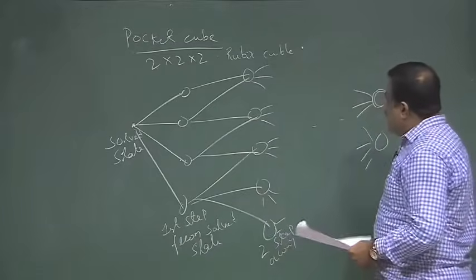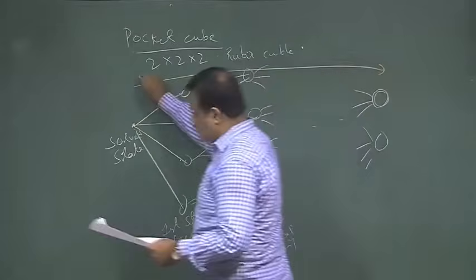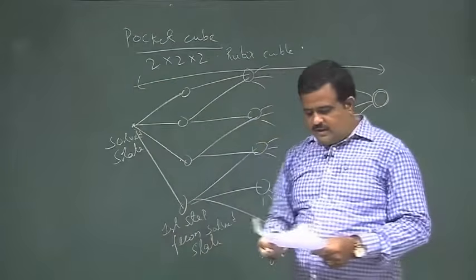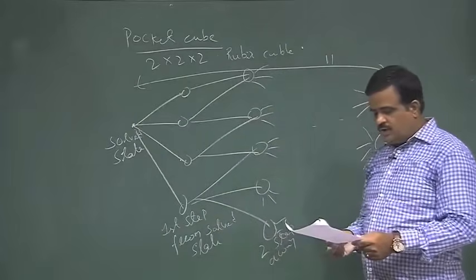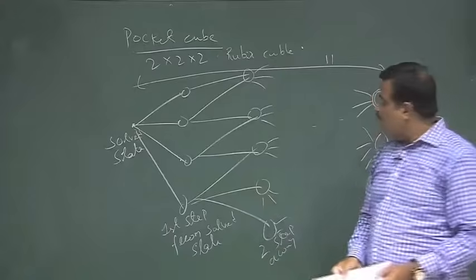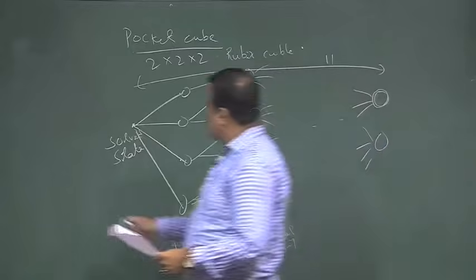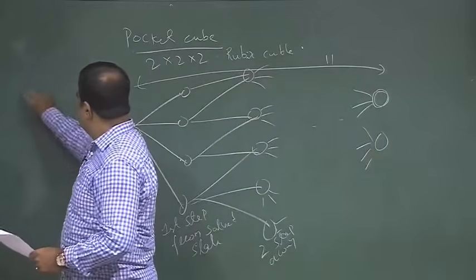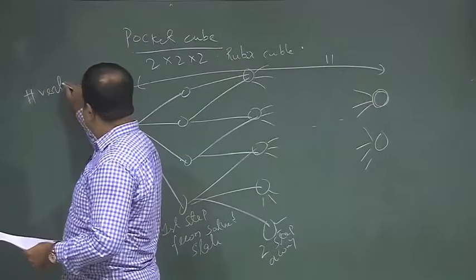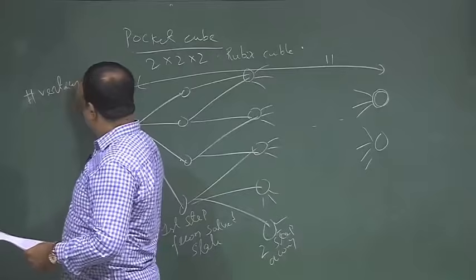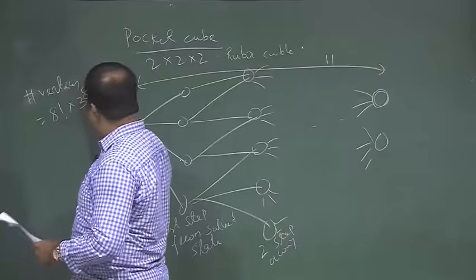You will be surprised to know this dimension, also called God's number, is 11 for the 2 by 2 by 2 Rubik's cube. Now how many states are there in this Rubik's cube? The number of vertices is factorial 8 into 3 to the power 8.